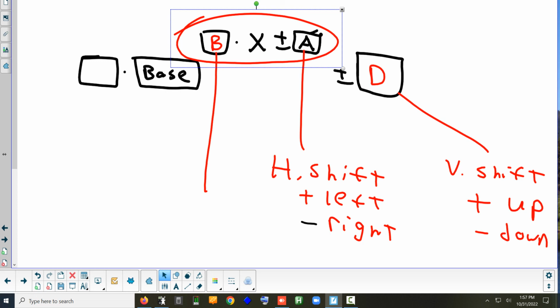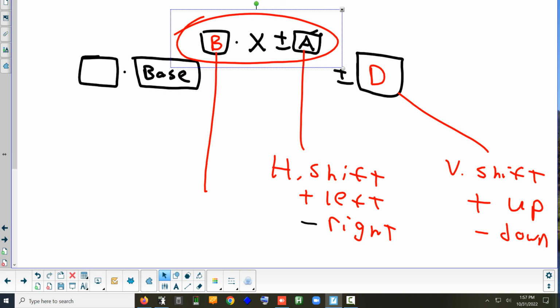But what do you think B is going to do? So what kind of transformation is B going to do? It's not a shift. It's going to be a stretch. What kind?